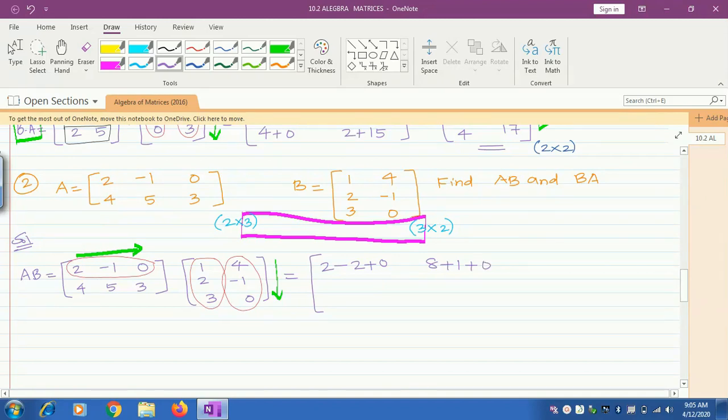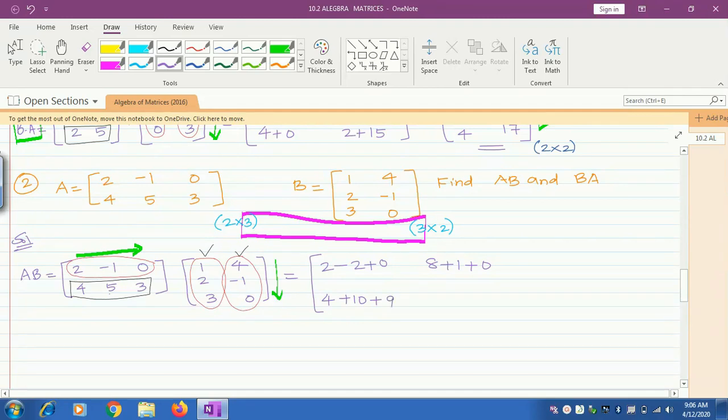And the next element, what is the next one? Here you have to take the second one, multiply with the same thing. So what happened here? 4 into 1, it is 4, and then 5 into 2, plus 10. The next, 3 into 3, plus 9.